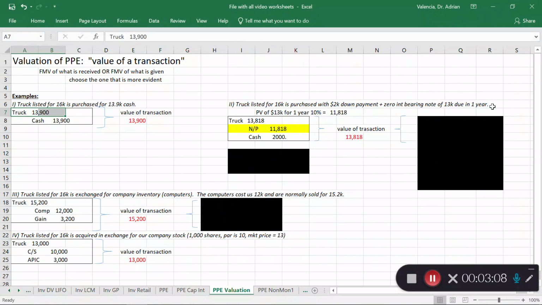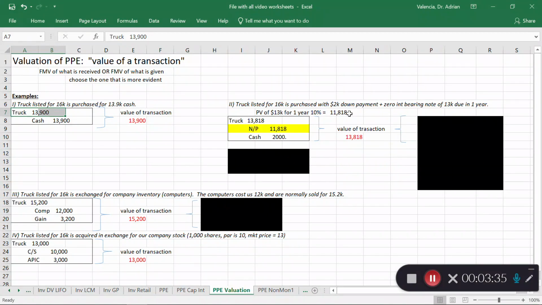Okay, the value of this component is not $13,000. The value of it is the present value of that future cash flow. So I'm going to have to compute what that is worth today. And that's this calculation here. You do the present value of $13,000 for 1 year at 10%. And I'm making up this discount rate. Okay, this will be the customer's rate. And it gives me $11,818.